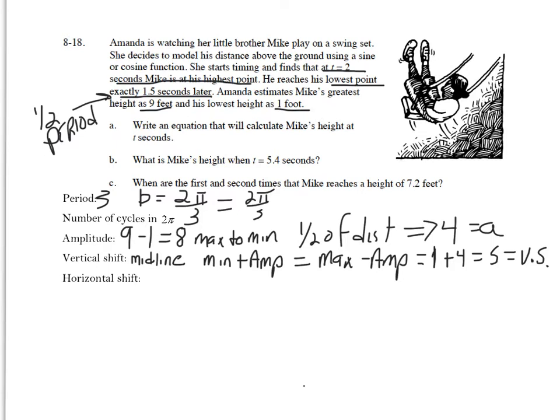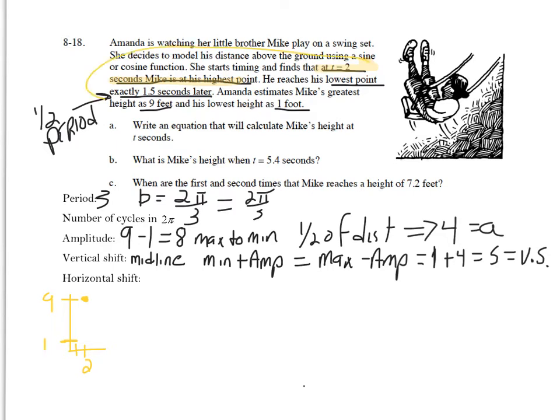Therefore, if we were to make a little bit of a graph, that max value, 2 seconds later, we're starting at a max right there at 9 feet. We go to a minimum of 1. And we could sketch a period, but I'm trying to do this without too much of a sketch.